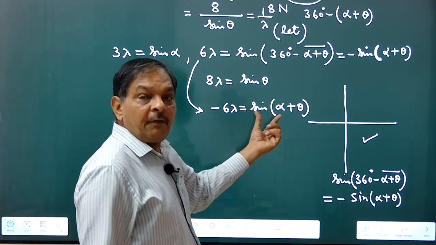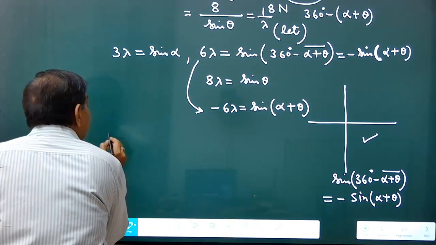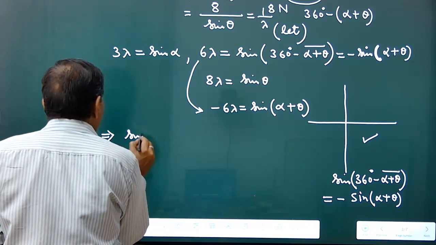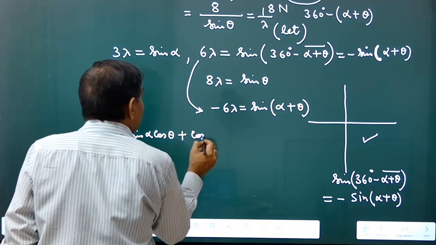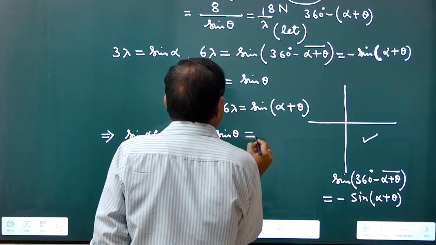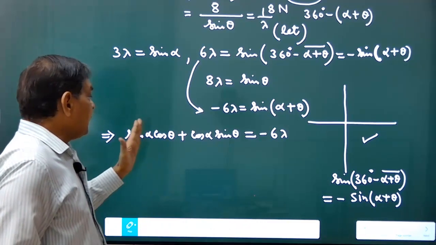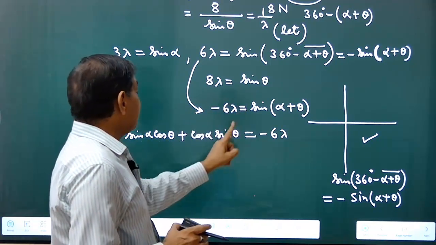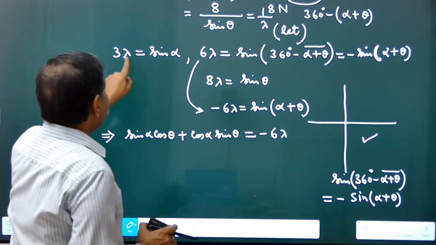Now the sine (A plus B) formula we can apply here. So this implies sine alpha cos theta plus cos alpha sine theta is equal to minus 6 lambda. Sine (A plus B) is sine A cos B plus cos A sine B. Now the value of sine theta we can write as 8 lambda, and the value of sine alpha I can write as 3 lambda.